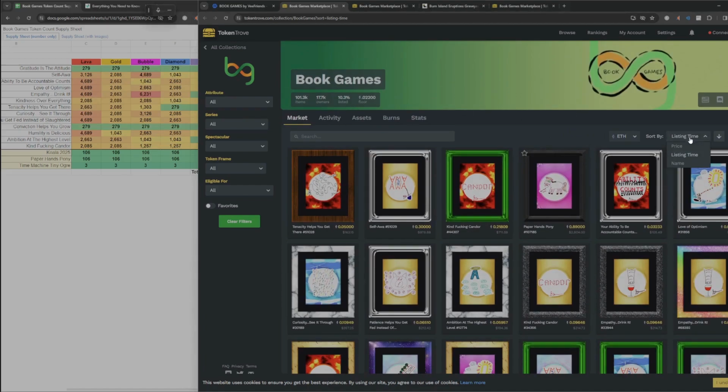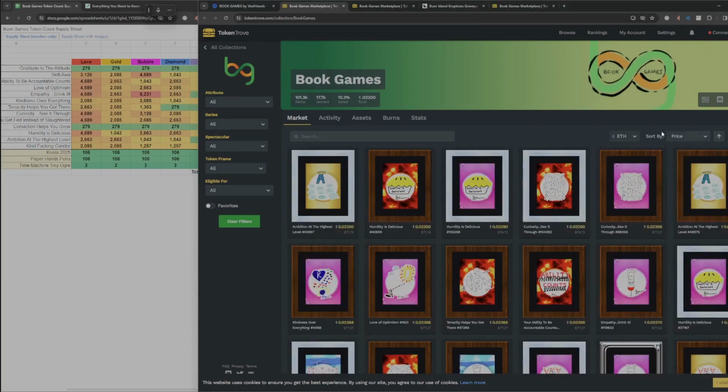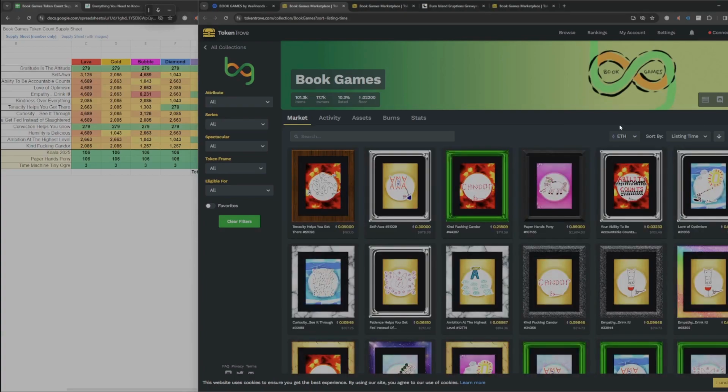Market, listing time. This is incredibly crucial for book game spectating. Price, okay, you're doing your due diligence, you're scraping the floor, you're weighing your ratios based on that. Sort by listing time is when you get a little bit mixy and you can go in and start sniping.